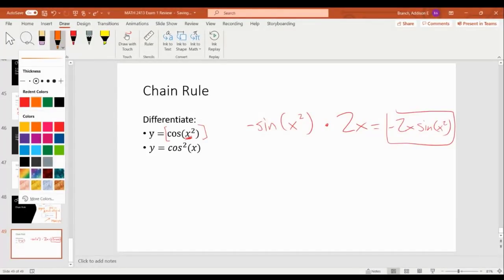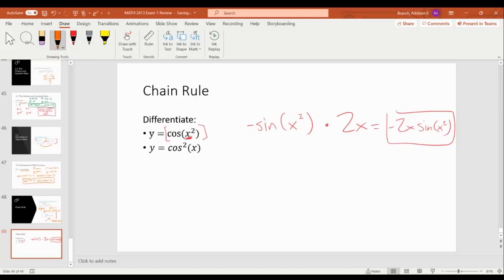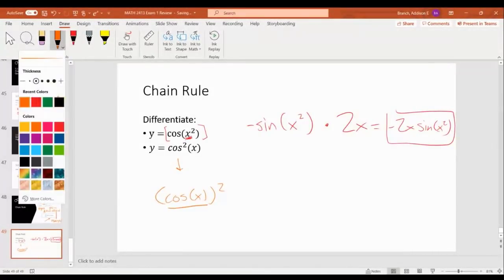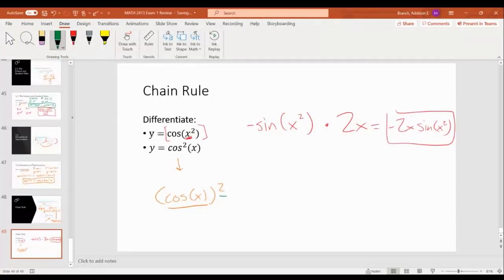And then this example we have is going to be cosine squared of x. Whenever you have this squared right next to the cosine, remember that essentially means we have cosine of x, squared, so you can move it completely to the outside. So we can think of our inside function as being the cosine of x, and the outside function as being the squared. We'll start by taking the derivative of the outside, that squared part.